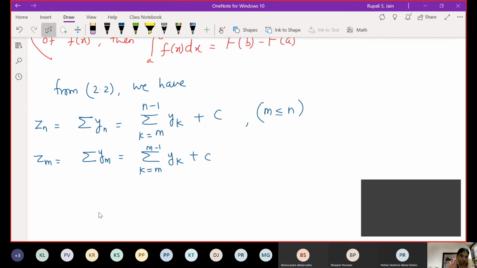But here, what is the relation? m is greater than m minus 1.